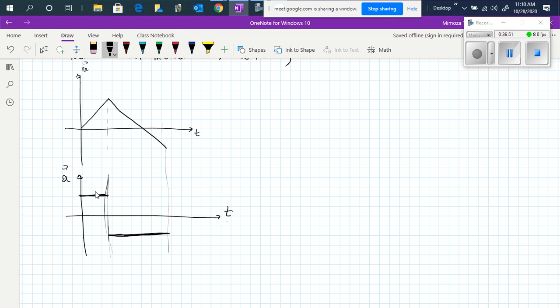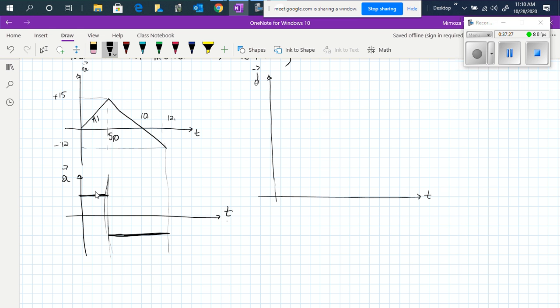However, when we are finding the displacement time graph, we have to consider the area under the graph. Just to make sense of what we are saying, I will put some numbers here: 5, 10 seconds, and this is 12 seconds, and then it goes to positive 15 and negative 12 meters per second.